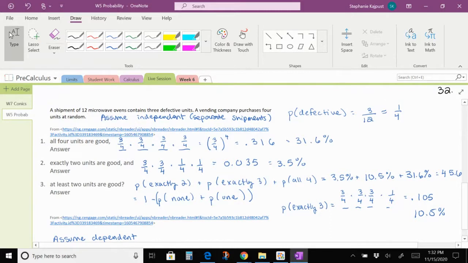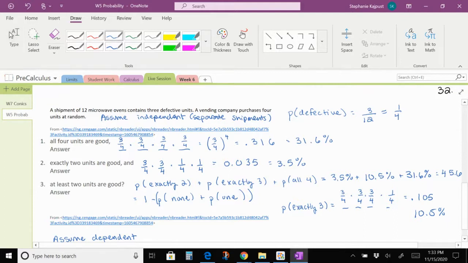We can't use that anymore because with dependent events, you can't multiply probabilities. So we have to go back to our combinations and our permutations and counting problems. I'm assuming that the order here doesn't matter for the order that you pick the ovens or whatever, so we're going to use combinations here.